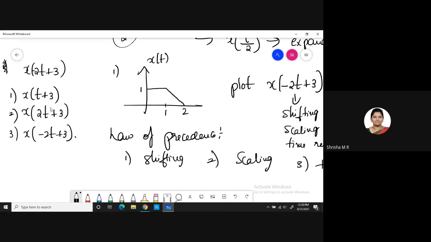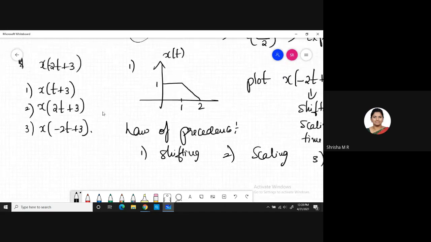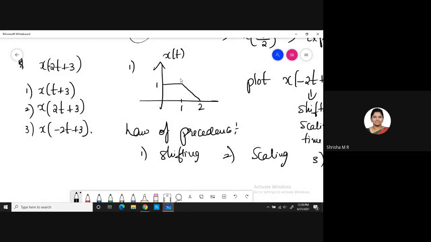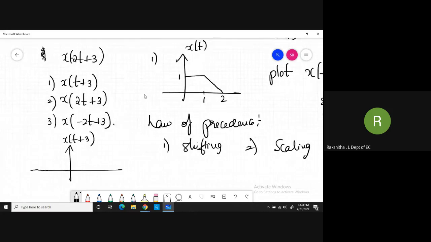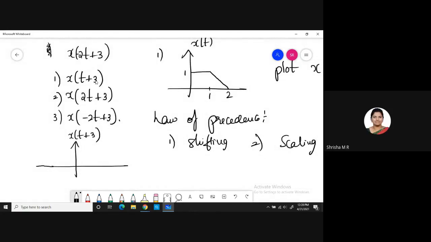So first we'll do x of t plus 3. So this is our signal x of t. How will x of t plus 3 look? So where will it start, where will it end? Minus 3 to minus 1, ma'am.